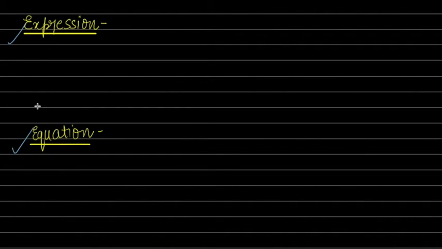There is a very minor difference between expression and equation. See, we have four operations: plus, minus, multiplication and division. These are our four basic operations, right? So if we represent any terms using these four operations, it is not mandatory that in any expression you have to apply all four operations.